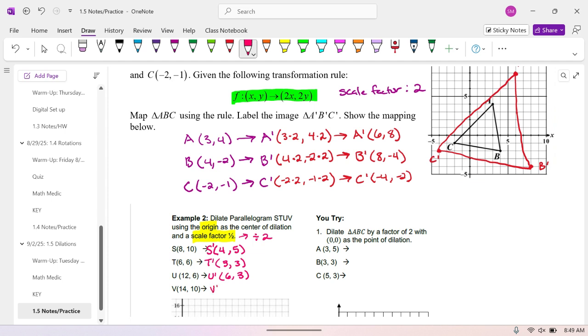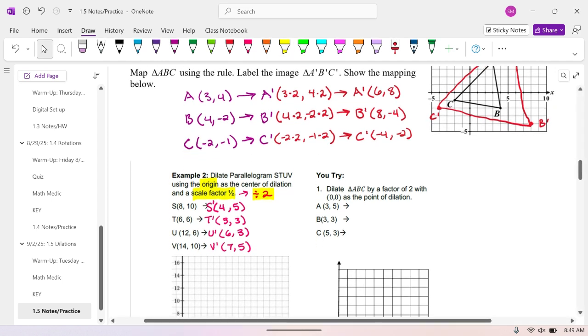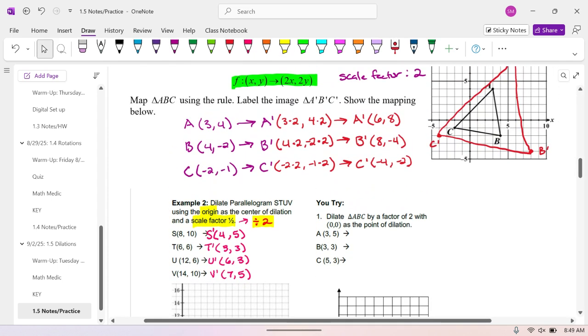V prime would now be what? (7, 5). All we had to do for all of these was just divide x and y by 2, or multiply by 1/2, however you want to state it. All right.